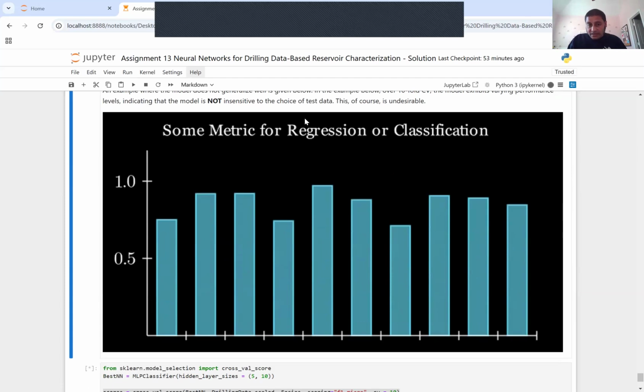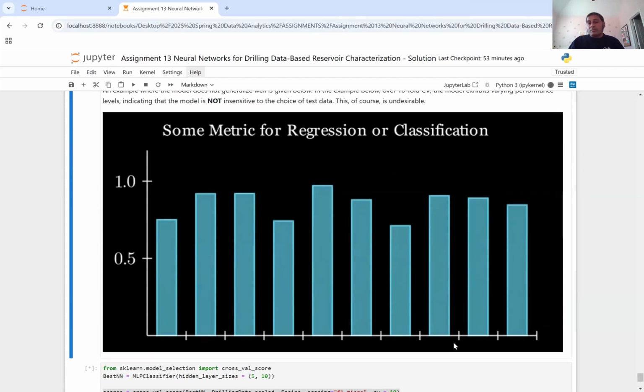If we see something that looks like this, then the model choice that we made is definitely not a good choice. We should go back and re-examine maybe 2 or 3 other models before we come down and choose a specific neural network architecture.